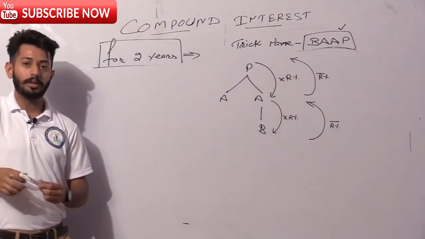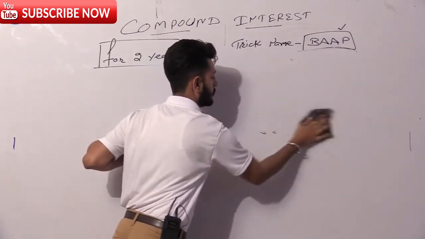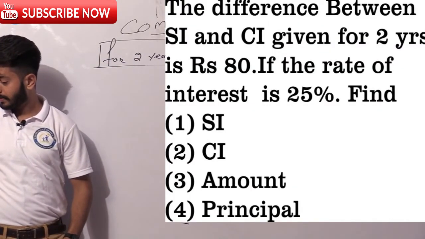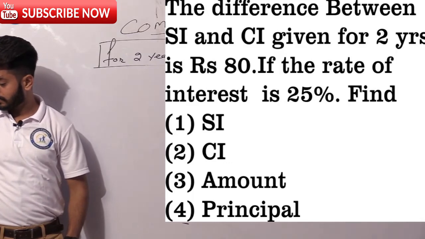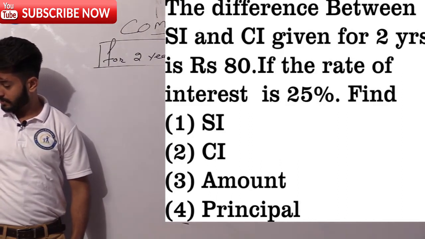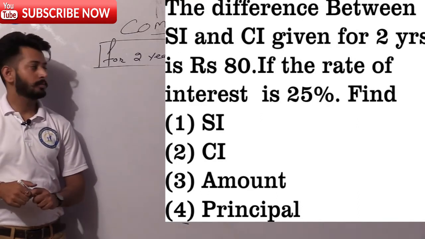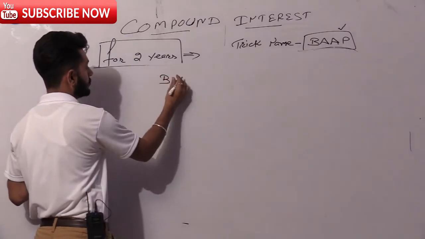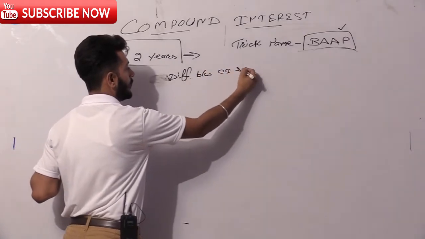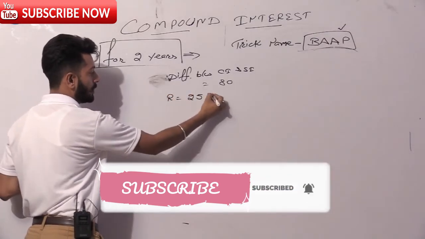Let us take an example. Here is an example. In this example, the difference between CI and SI is given, which is 80, and the rate of interest is given as 25%.